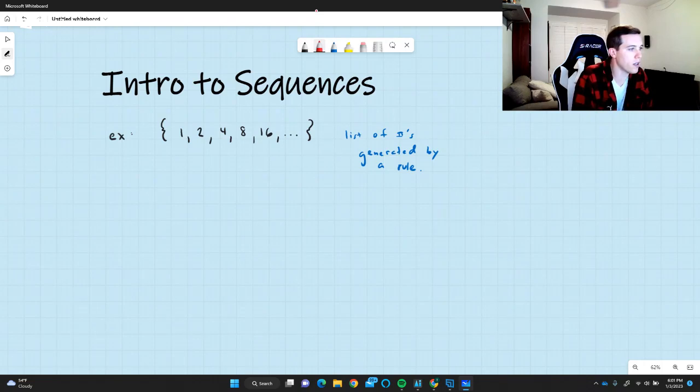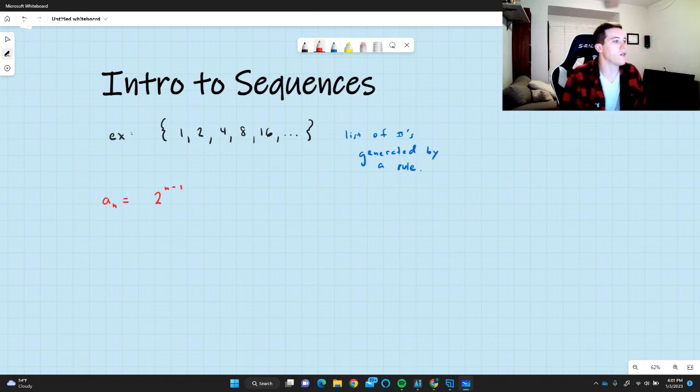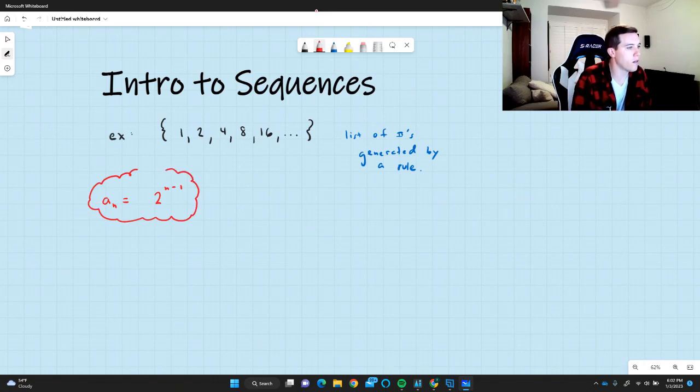So one way to do it is like this. You say, okay, to generate the sequence, we're going to call the sequence A. To get any number of the sequence, we would use this pattern right here. This is called the explicit formula for the sequence above. And you can see how it works.